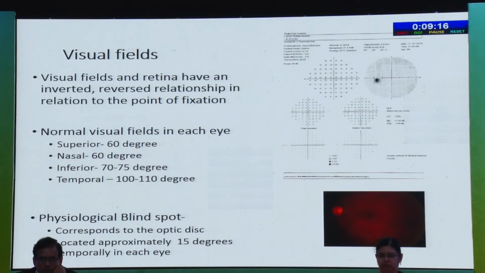The nasal retina represents the temporal field and the temporal retina represents the nasal field with respect to the fovea. The normal visual field extends 60 degrees superiorly and nasally, inferiorly 70 to 75 degrees, and temporally 100 to 110 degrees. The physiological blind spot corresponds to the optic disc, and it is located 15 degrees temporal to the fovea.